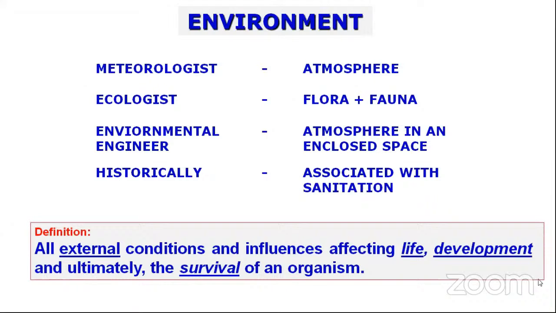If the developmental conditions are a bad environment, for example, let me say you have ionizing radiation, which is external to your body, this development cannot happen normally. So there will be dysfunction instilled in that particular organ function. So development also is reliant and dependent on external factors' influences, right? That is why life, development and ultimately the survival of the organism.